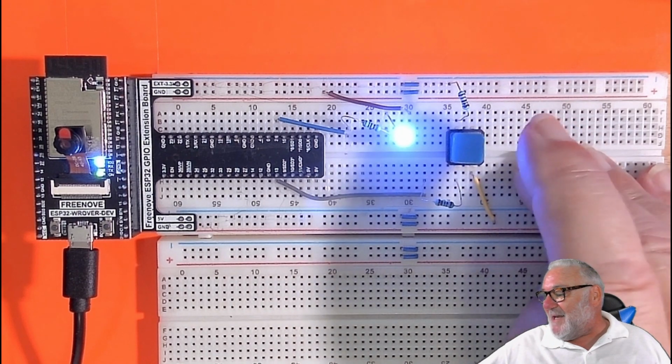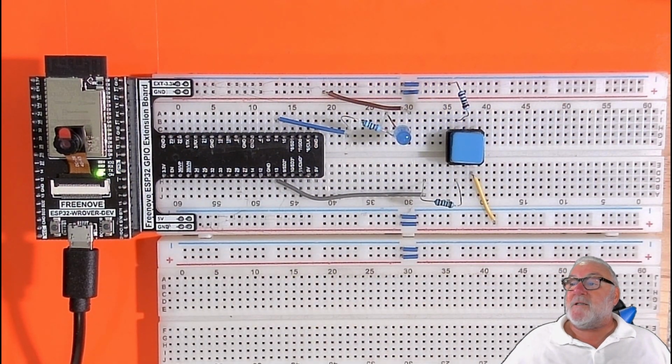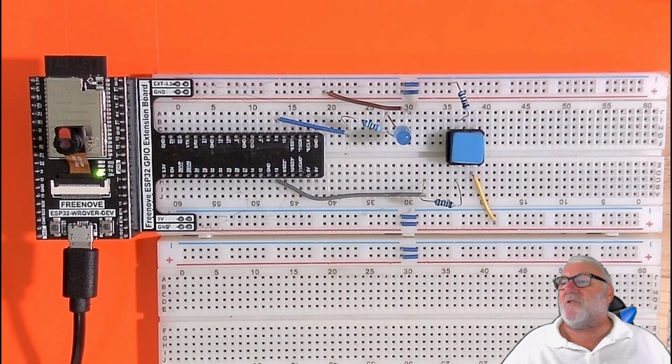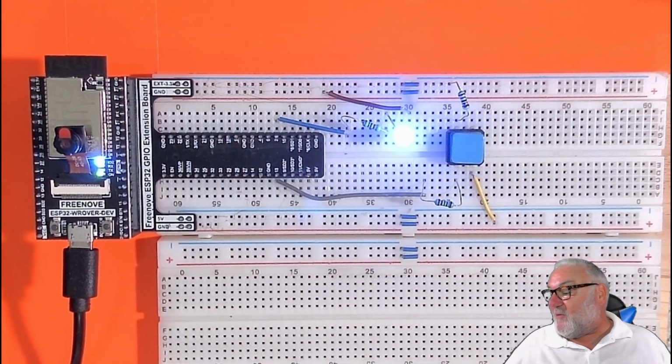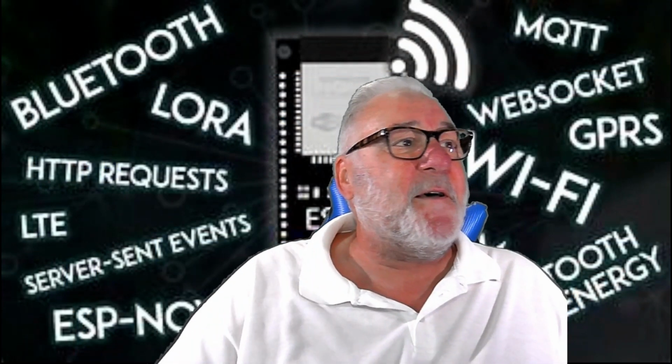Great stuff. So it's the first time we've used the while function. We've used it previously in other videos, but the first time on the ESP32. So there we go. I think that's brilliant. I really do.